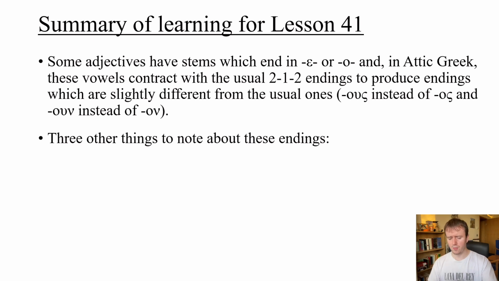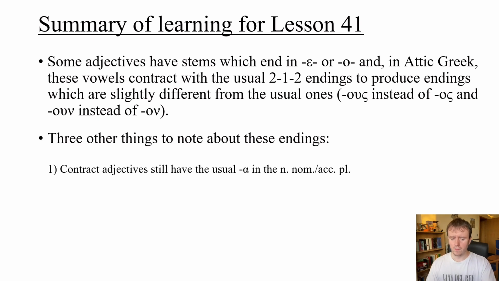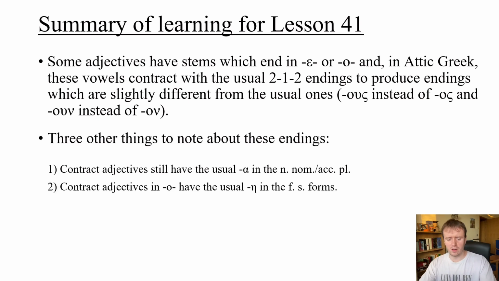But just to be clear, 3 other things to note are, firstly, contract adjectives still have the usual alpha in the neuter, nominative or accusative plural. That's strange because the ones that have stems in epsilon should have eta there, because epsilon plus alpha makes eta, and the ones that end in omicron should have omega there, because omicron plus alpha typically makes omega. Secondly, contract adjectives in omicron have the usual eta in the feminine singular forms. That's weird.